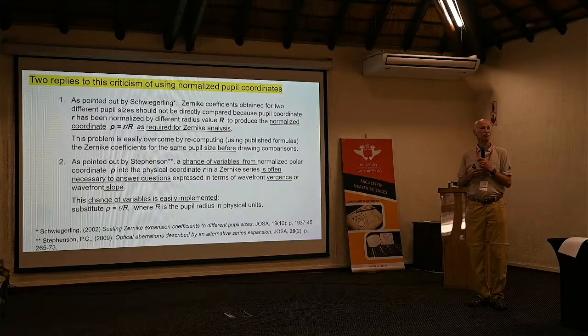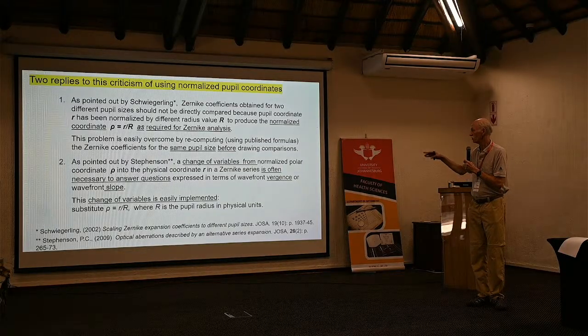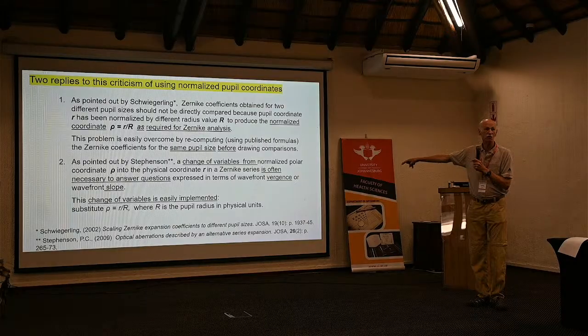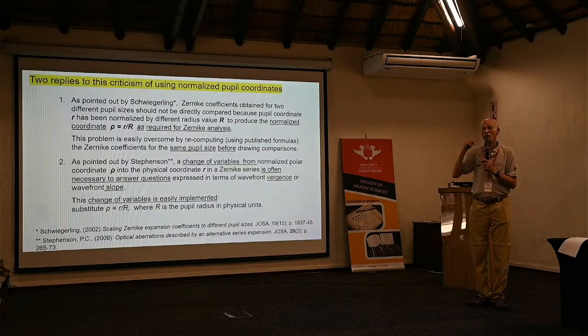So it's not really a big problem. It's not a serious criticism because it's so easily overcome. And in the abstract that's in the book for this meeting, I worked out a detailed example so you can see how to make that transformation of variables.